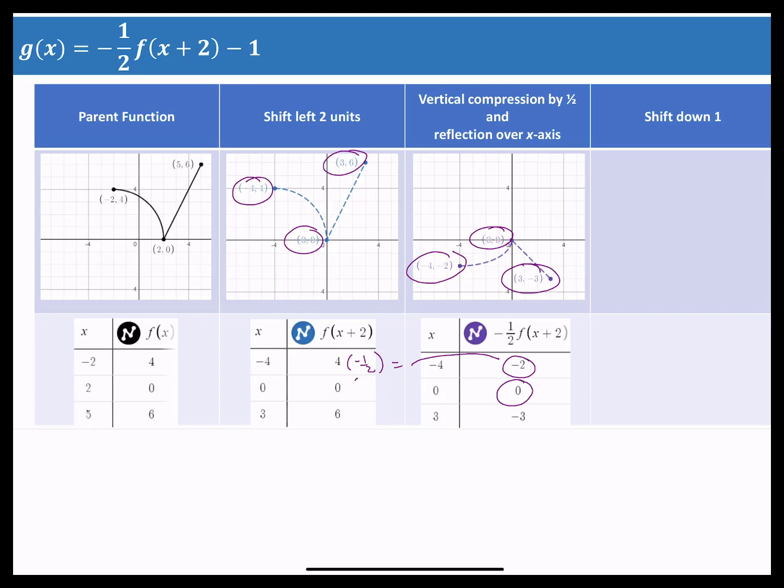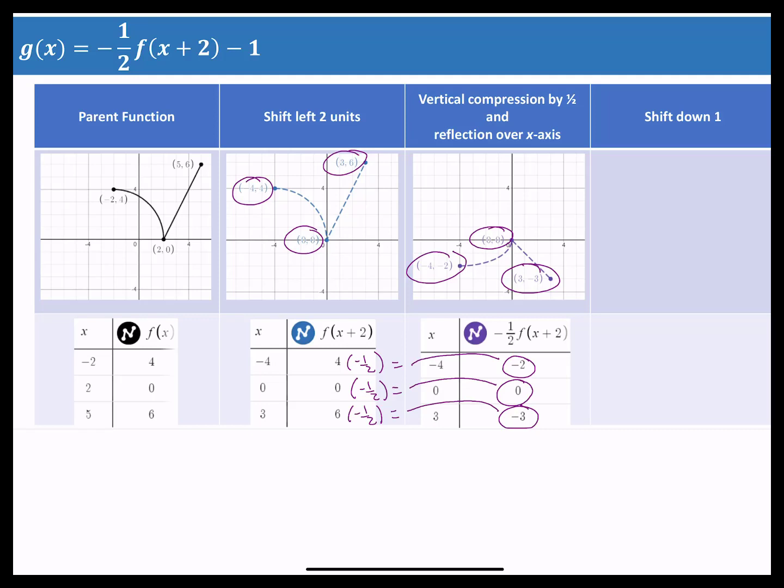This is equal to 0 times -1/2. It's worth noting that vertical stretches and compressions, as well as reflections over the x-axis, do not affect points that lie on the x-axis. Lastly, we observe that when x equals 3, the output is -3, which is 6 times -1/2.